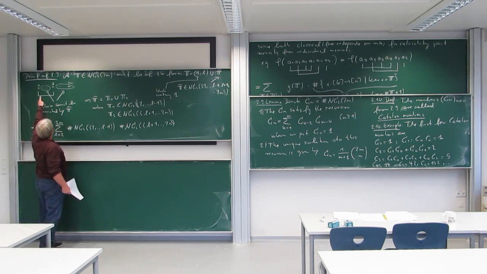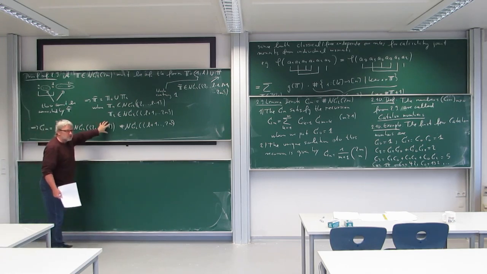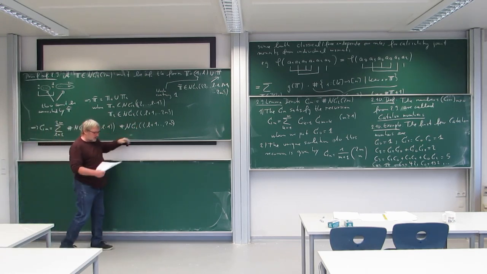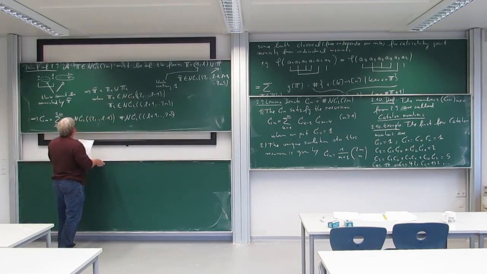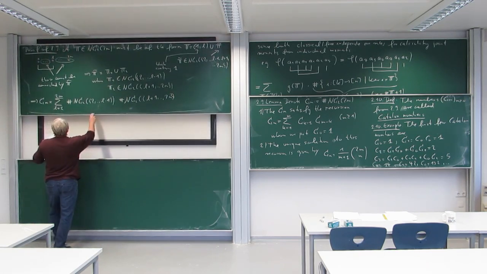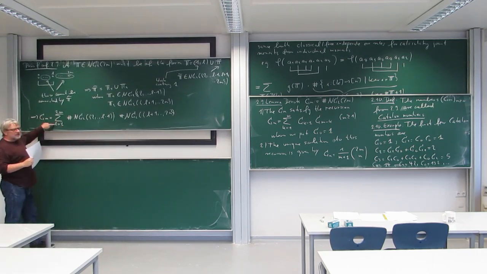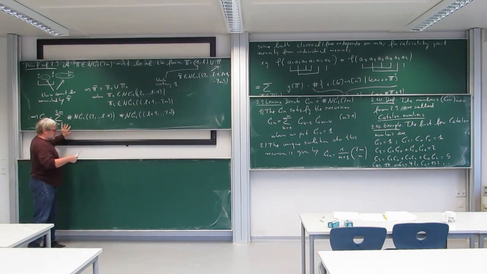So this means if L is odd, then it doesn't contribute, because then those guys here are odd and odd. So what I have here is that L is only running through the even numbers, because for the odd numbers those terms are 0.